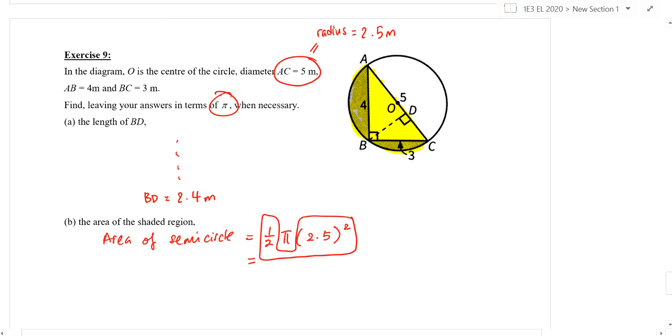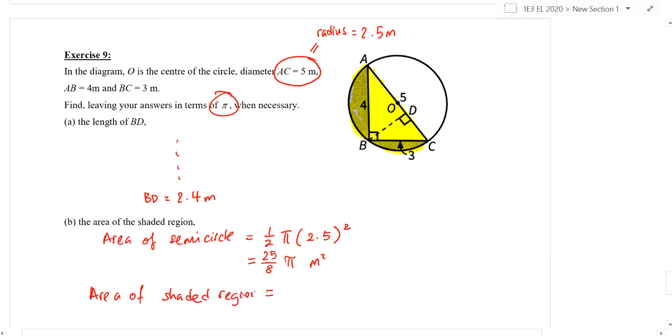So 2.5 squared divided by 2 results in 25 over 8 pi. This is the area of the semicircle in square meters.